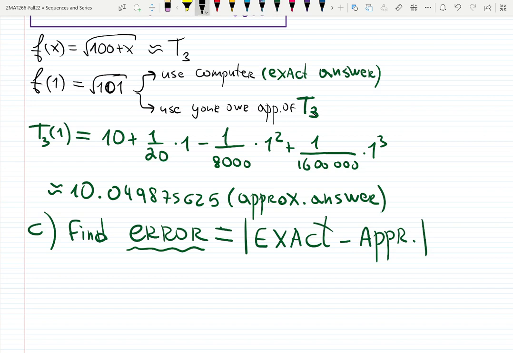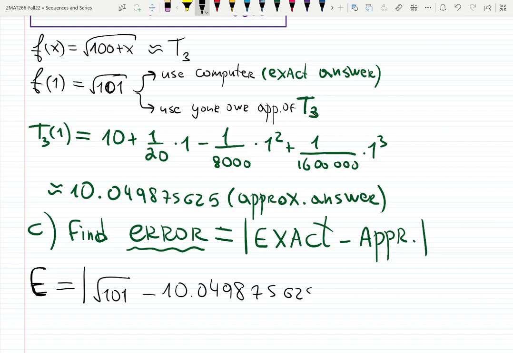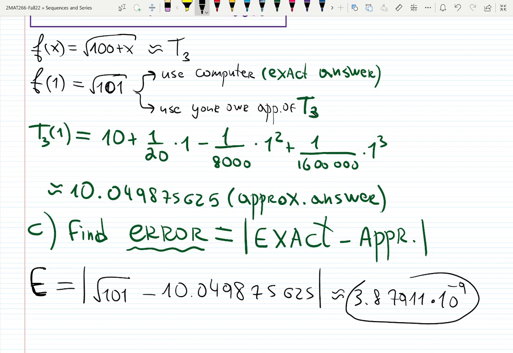So the error, usually E, equals the absolute value of the square root of 101, whatever we have from the computer, minus 10.04987625. And this is approximately 3.87911 times 10 to the minus 9. This is the error. This is the bad stuff, which means we're not exact.